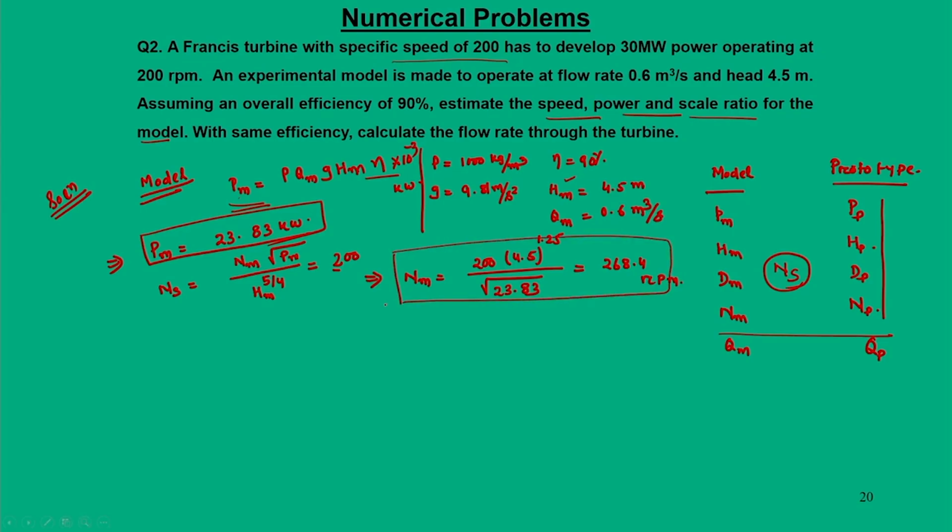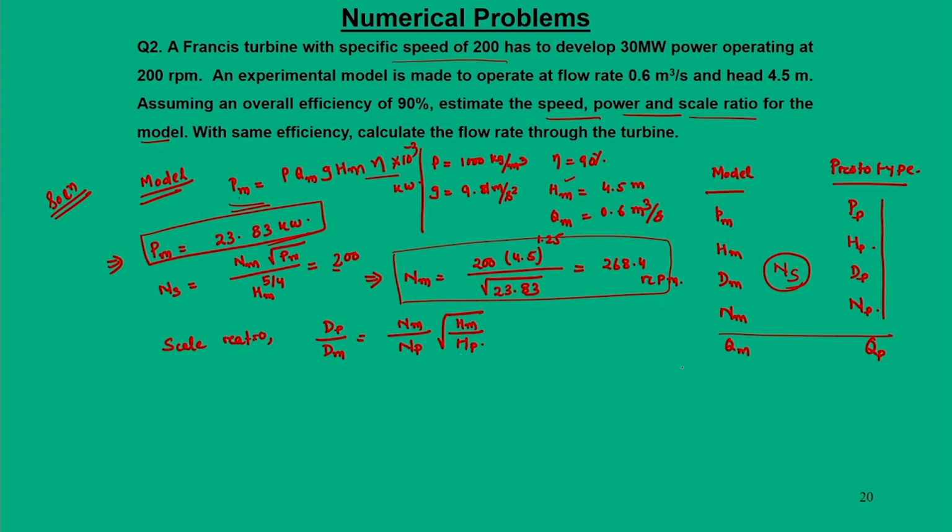Third answer, scale ratio. So, scale ratio you have to say that is dP by dm is equal to Nm by Np square root of Hm by Hp. But what we do not know is for prototype.